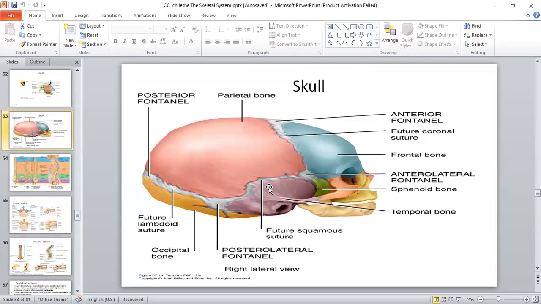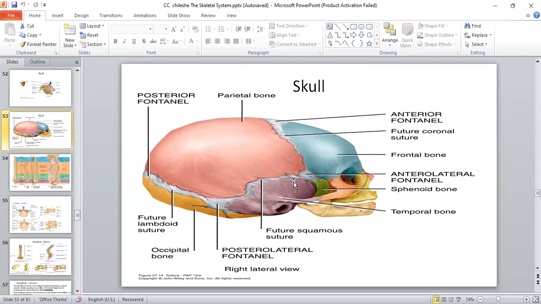Those points at which the bones of the skull articulate with one another are known as sutures.